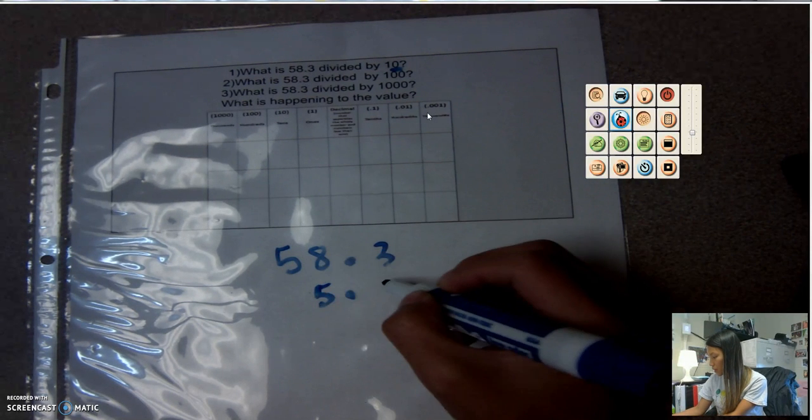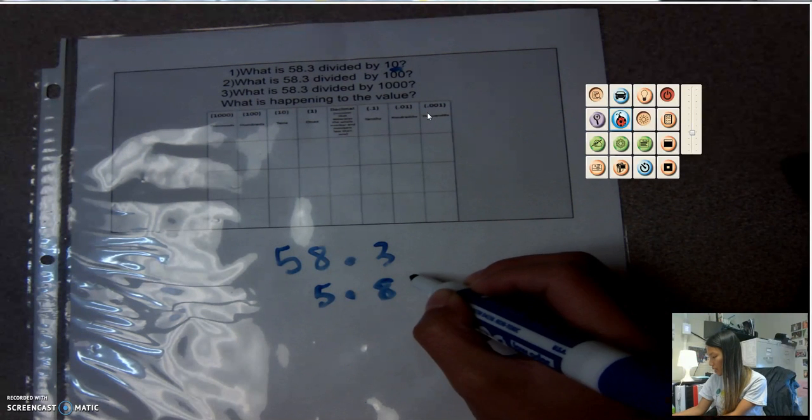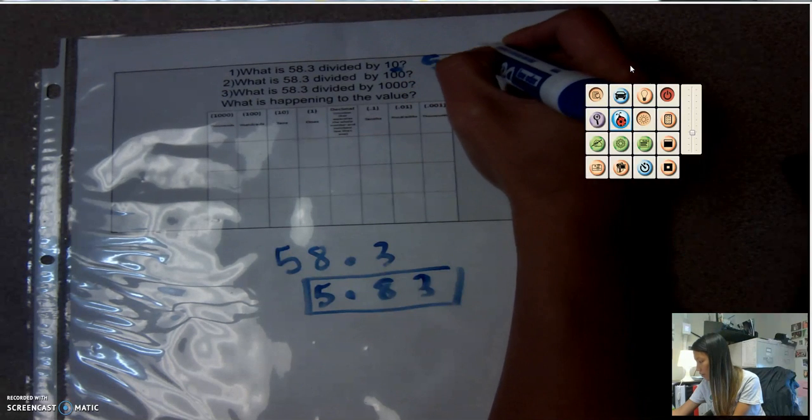The 8 should be underneath here, and it'll be in the tens place value. And that 3 will be in the hundreds place value. And so when we do this, we can go ahead and lock in our answer. And then I can put it right here as 5 and 83 hundredths. Okay? So when you divide it by 10, you're making it 10 times smaller.